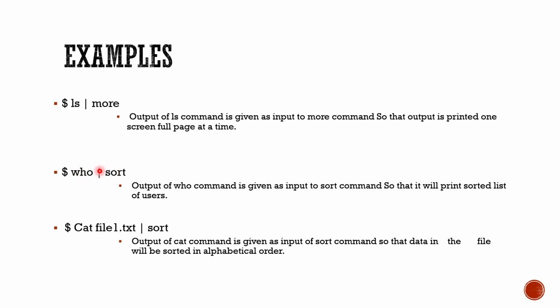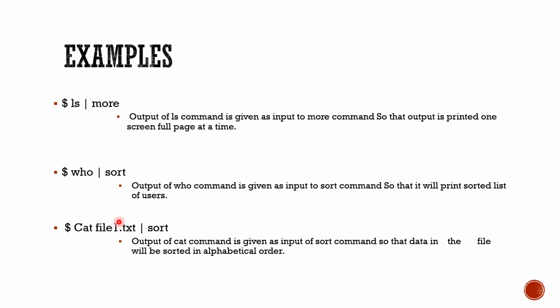That's how it works. Next, the third example is the cat command connected to the sort command. The cat command views the contents of a file, file1. For example, consider that file1 contains the details of some students.